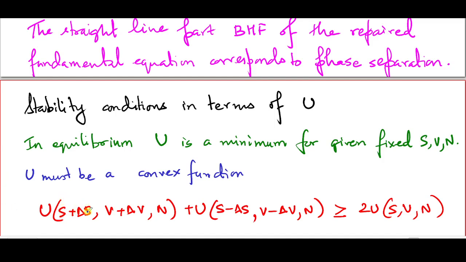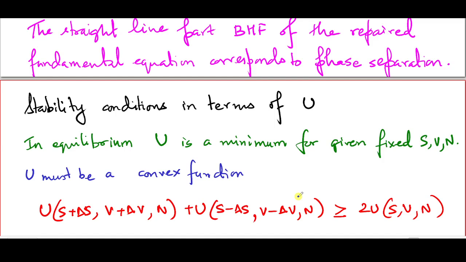U at S plus delta S, V plus delta V, and N, added to U at S minus delta S, V minus delta V, and N, must be larger than or at worst equal to twice U at S, V, N. This will ensure that if you were to change the entropy of one part of the system at the expense of another part, or the volume of one part of the system at the expense of the other part, the energy will actually go up, and therefore such things will never happen spontaneously in a closed system.